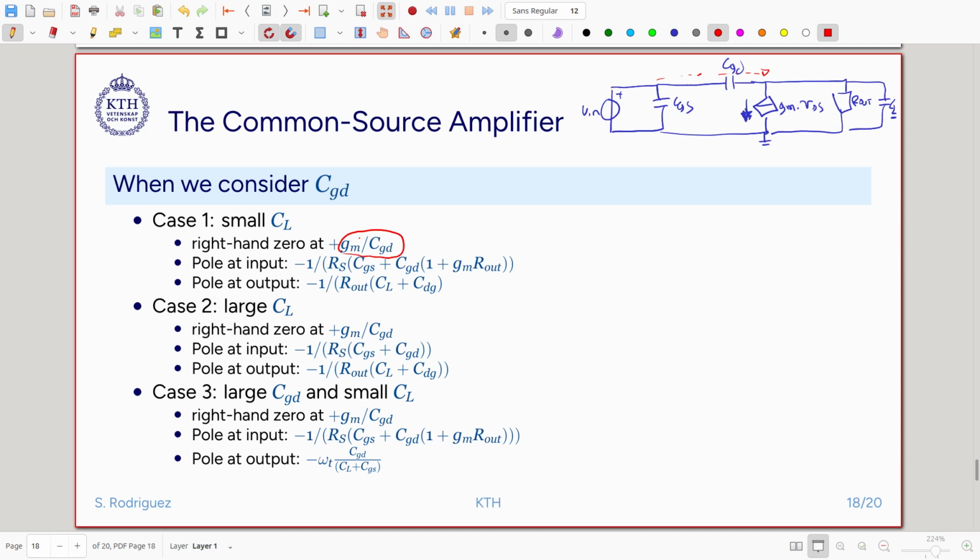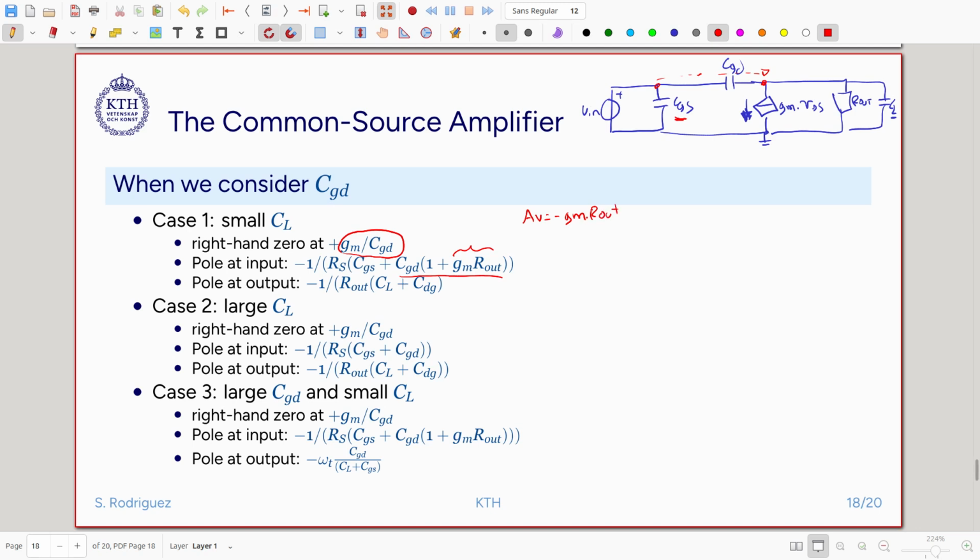And then we have a pole at the input. The pole at the input will not be anymore depending only on CGS, but it will be depending on this capacitor that has a Miller effect. So the whole value of this capacitance will be equal to CGD times 1 plus the low frequency gain. Low frequency gain, as we calculated before, the intrinsic gain is minus GM times R out.